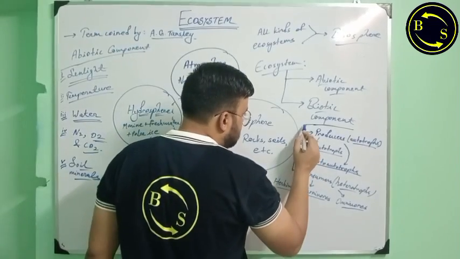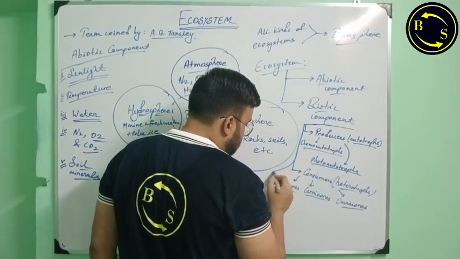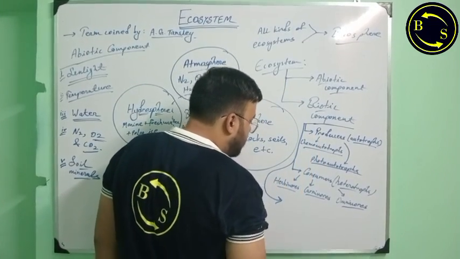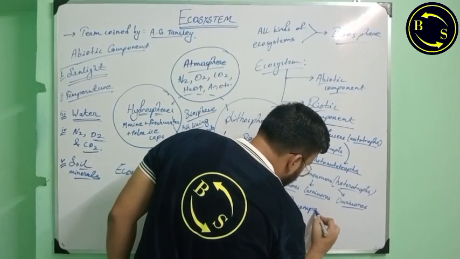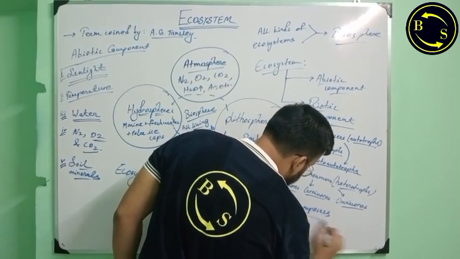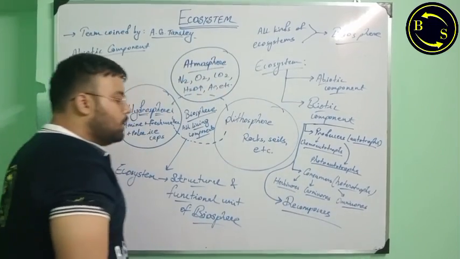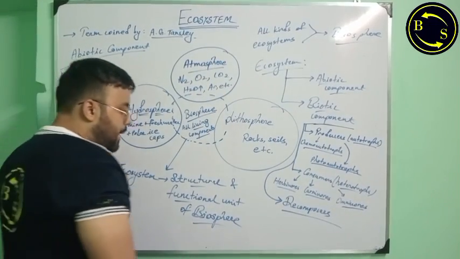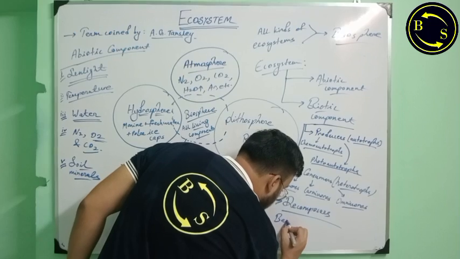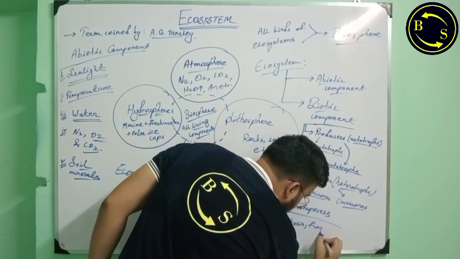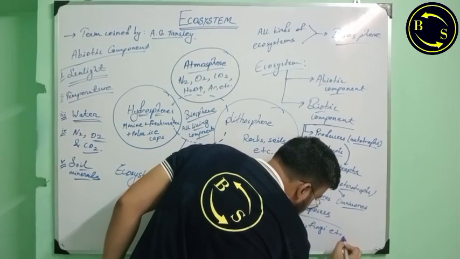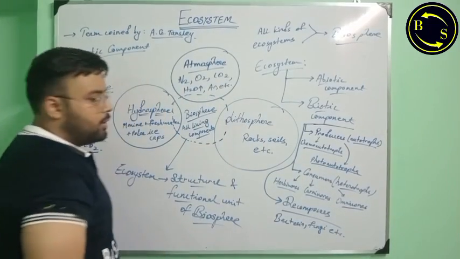And the last, but definitely not the least, biotic component is the decomposers or the detritivores. Decomposers are all bacteria, fungi, etc. What do they do?